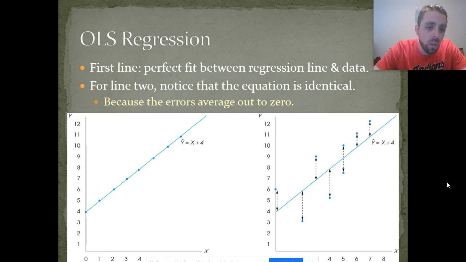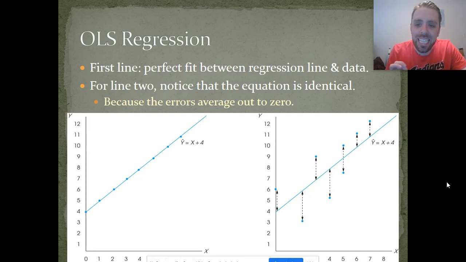There's no real error term that is necessary because here, y equals x plus 4. What is 4 there? 4 is A, or the y-intercept. And a 1 unit change in x appears to be associated with a 1 unit change in y. Therefore, B equals 1.